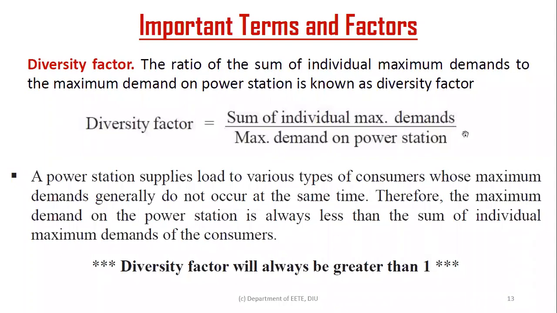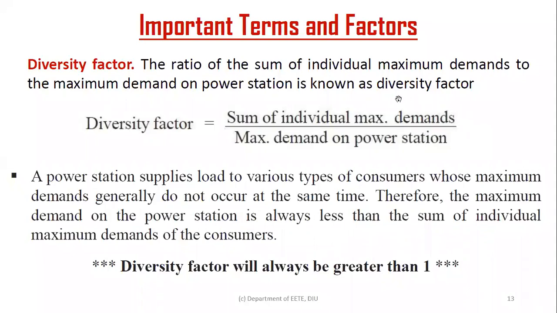Suppose I just discussed Monima, me, Liton, Shaun, everyone has their own maximum demand. If I sum all, we get a value. And if we are all connected to one power station, and the power station has a load curve, it has the maximum demand, that value will be the lower value.